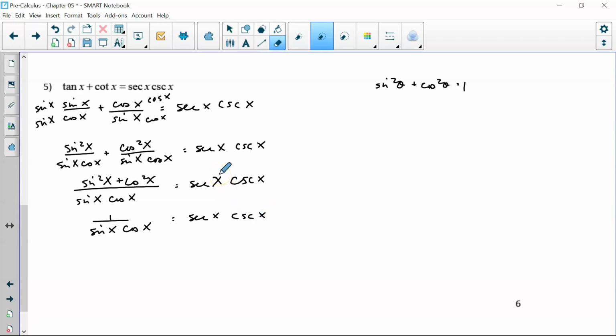So really what we have here is 1 over the sine of x times 1 over the cosine of x. Now 1 over the sine is the cosecant, and 1 over the cosine is the secant of x.